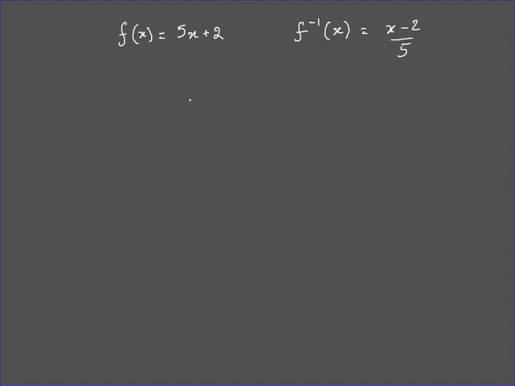For example, if we put the number 3 in, if we send it through f, 15 plus 2, 17, and send it through f to the minus 1, lo and behold, 17 minus 2 divided by 5 gets us back to 3.